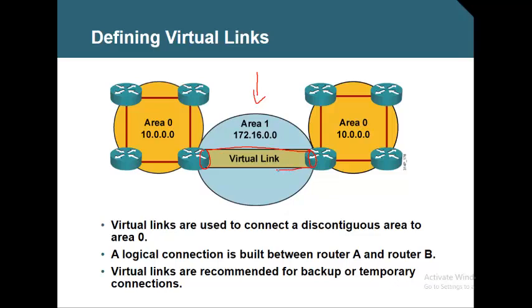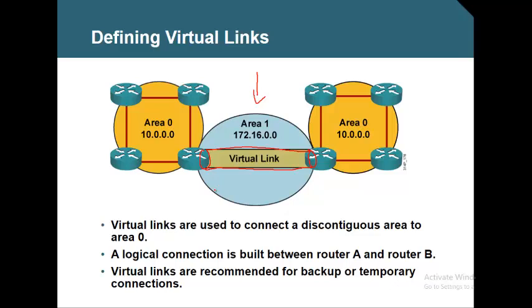It's not a real wire. So that this area 0 and that area 0 will merge together as one area. You understand the reason why they are making area 1 a virtual link? Because they want to combine two areas. Right. See, this is one of the use cases.